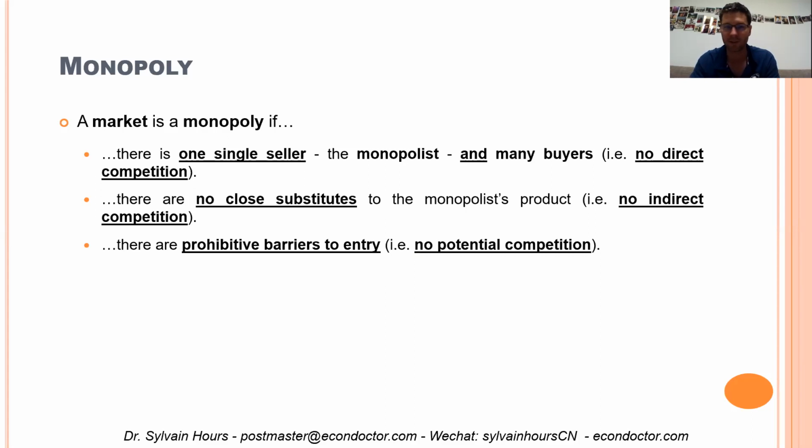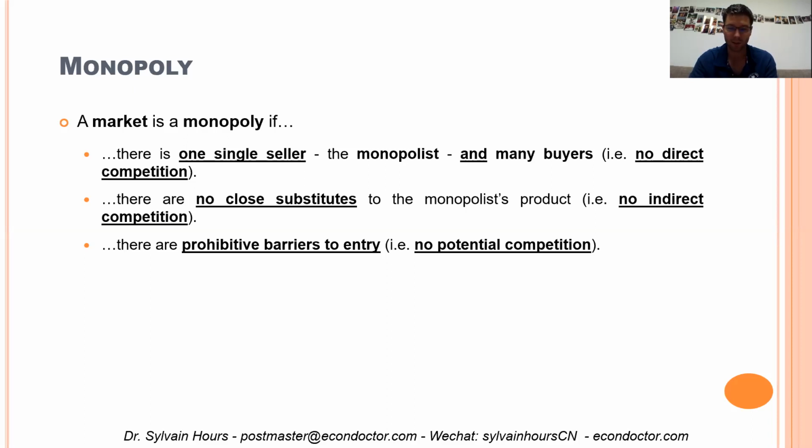If you have other businesses outside the market that consider entering a monopoly market, it is simply not possible. It is too costly for them to enter this market, which means that the monopolist does not face any potential competition. So these are the three main characteristics which can be summarized by no direct, indirect, or potential competition.